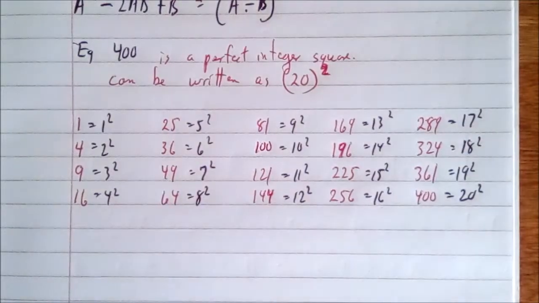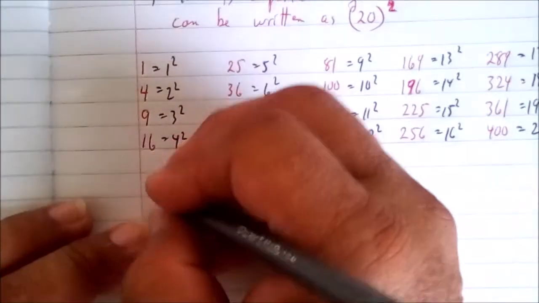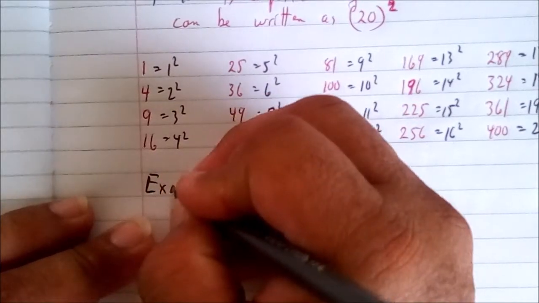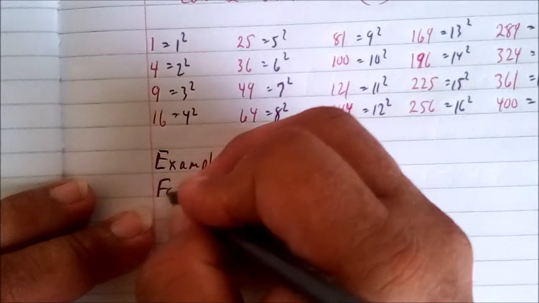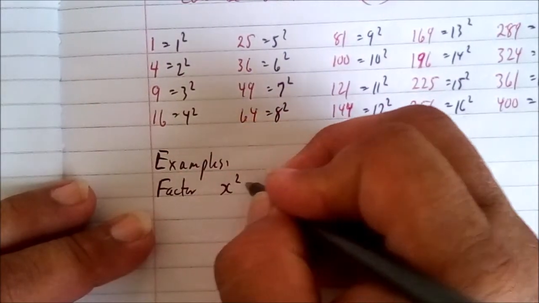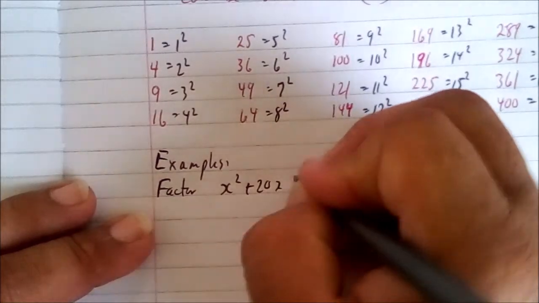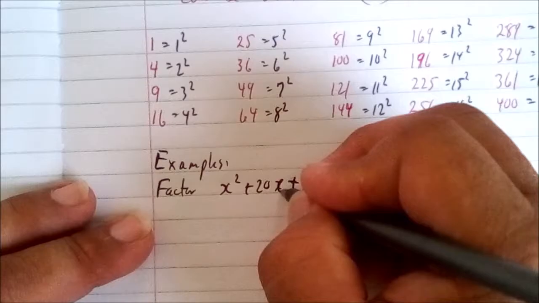Let's try a few examples. Factor x squared plus 20x plus 100. That is our problem that we need to solve.